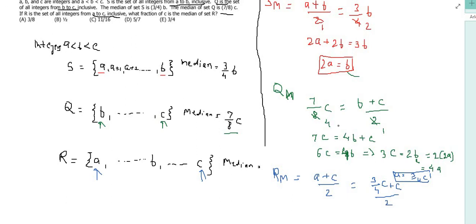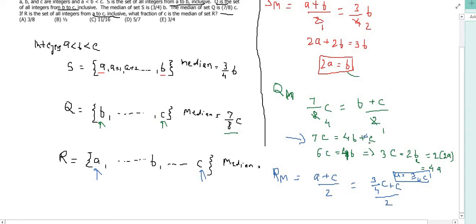I'm sorry, I have made a mistake here. In this particular equation, this is going to be 7C is equal to 4B plus 4C. I'm extremely sorry about that. So this is the mistake that I want to correct. This will be equal to 3C is equal to 4B. That means this will remain 4B, and instead of 4B on the other side, this will be 8A.